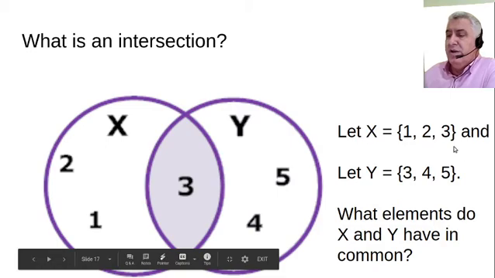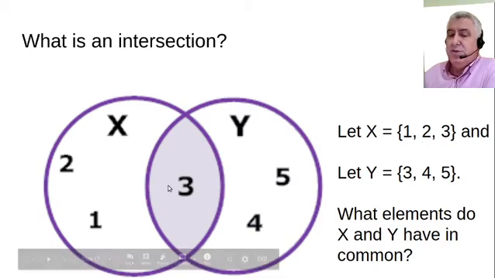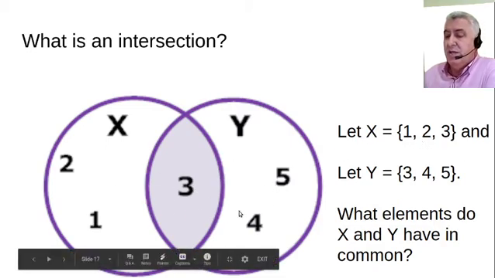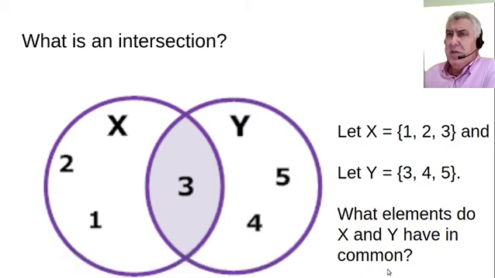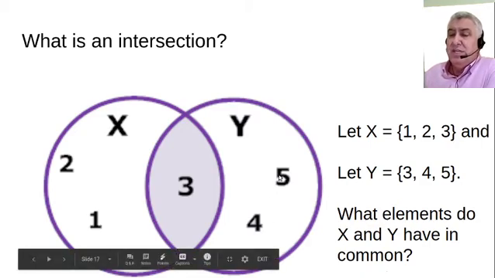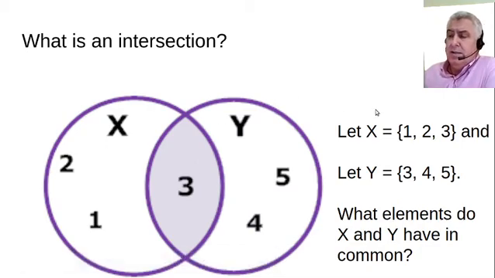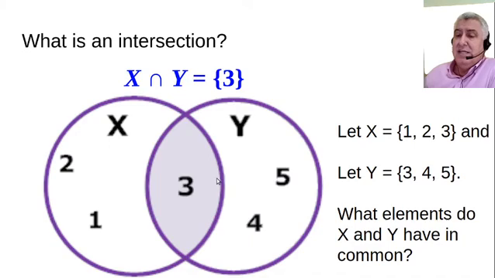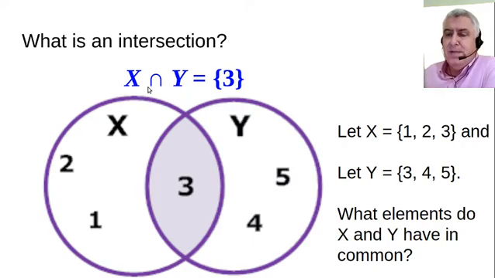So over here, I've got let x be 1, 2, and 3, and y is 3, 4, and 5. So the question is, what elements do x and y have in common? And that's a really common question in real life. We've got two sets of things, and which ones are the same, which ones are in both. So how we define that is by using this notation up here, which looks like an upside down U, and it's an intersection.